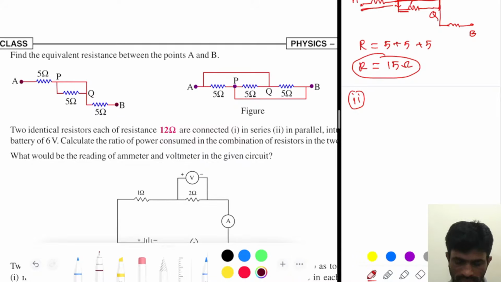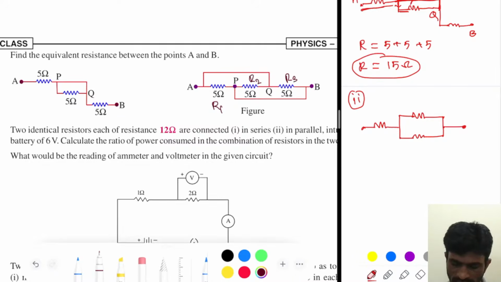But in case 2, we can redraw this figure like first resistance 5 ohms as it is like this only. But the remaining two resistors can be drawn like this. Suppose if you take this as R1, this is R2, this is R3.